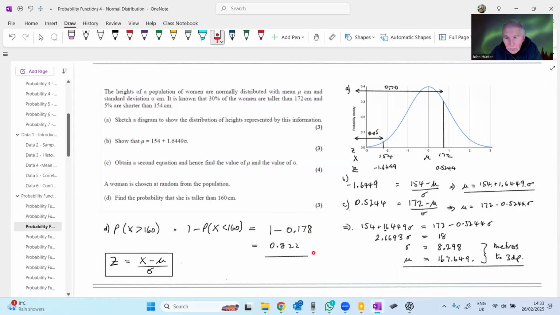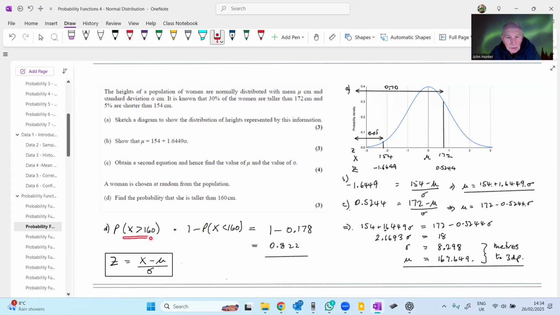But fortunately, we know those values, so we can now find the probability that our random variable is going to be greater than 160. Which is going to be somewhere around this point. So we're going to want this area here.